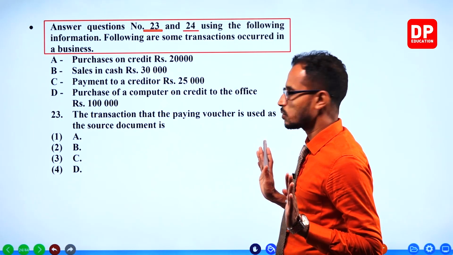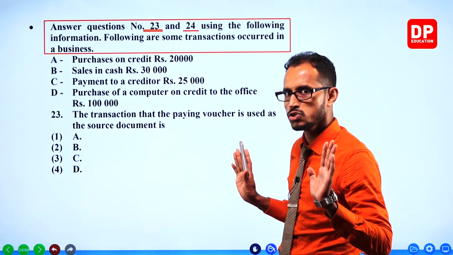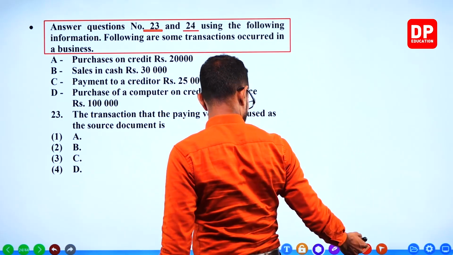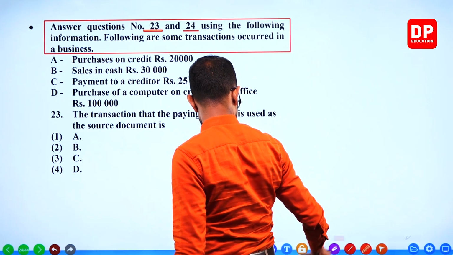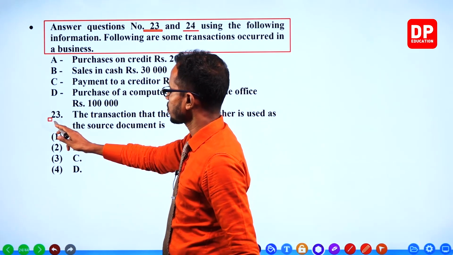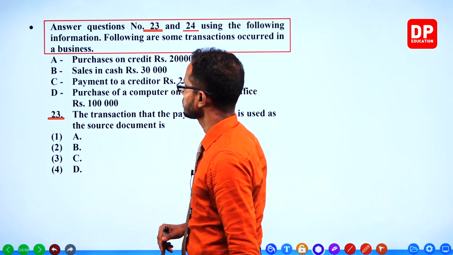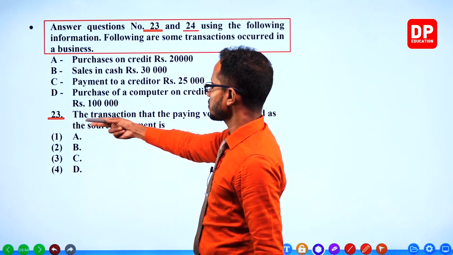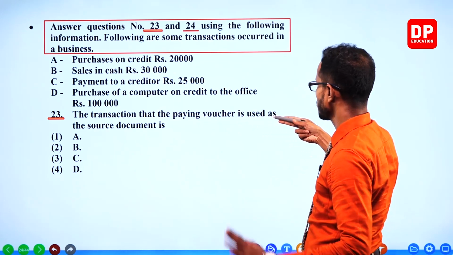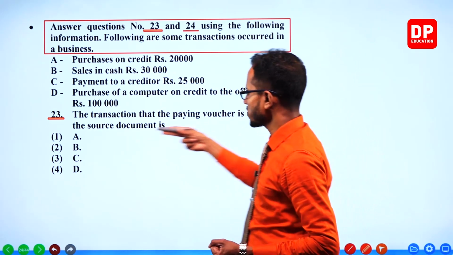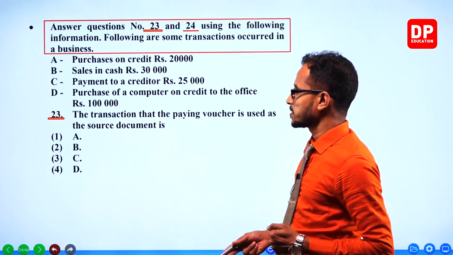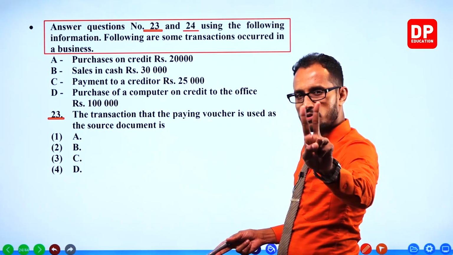Right, let's take the question now. Let's take things slowly. Question 23. The transaction for which the paying voucher is used as the source document.